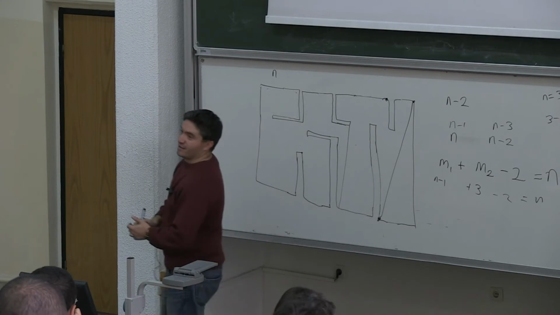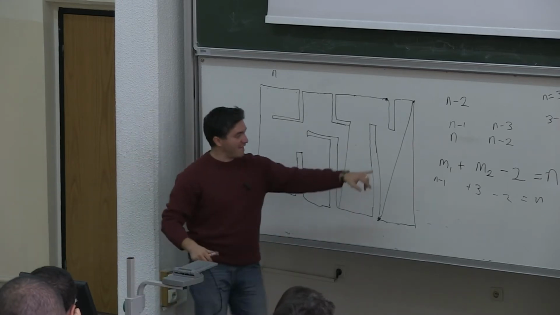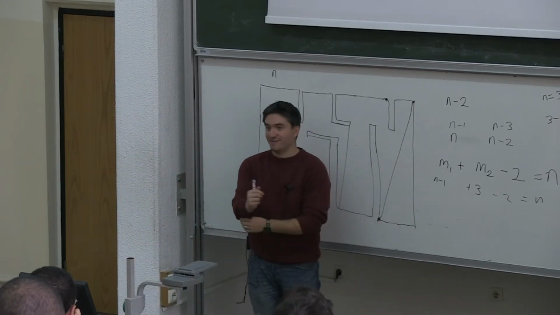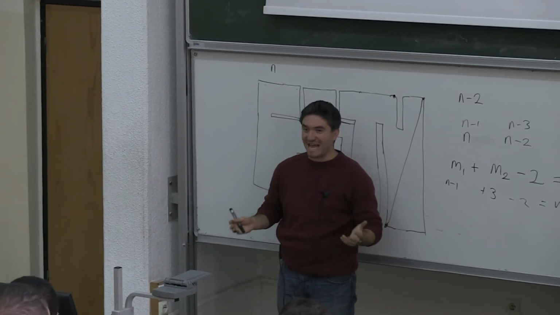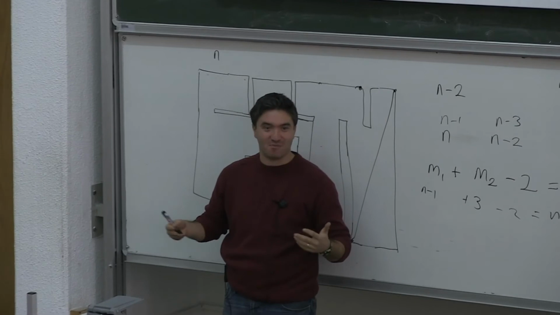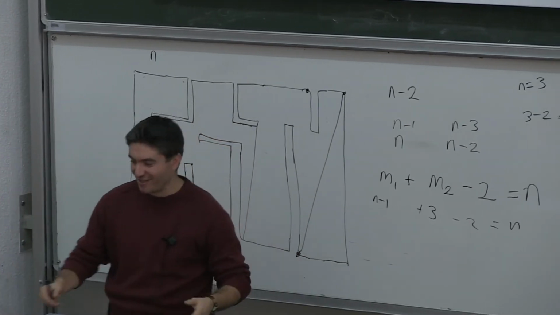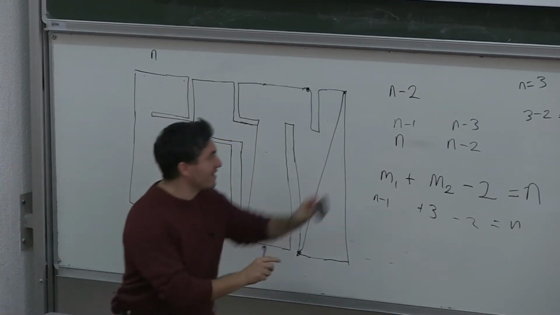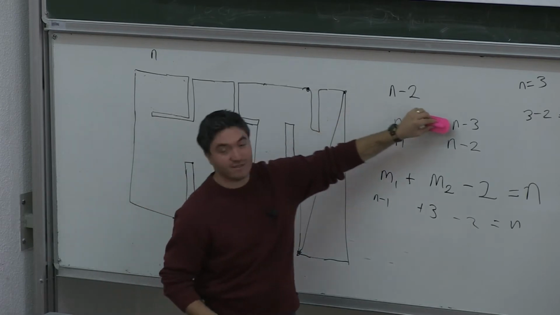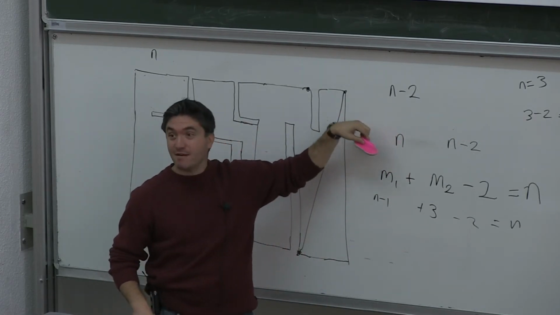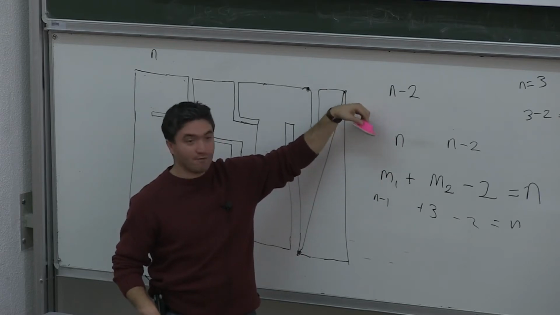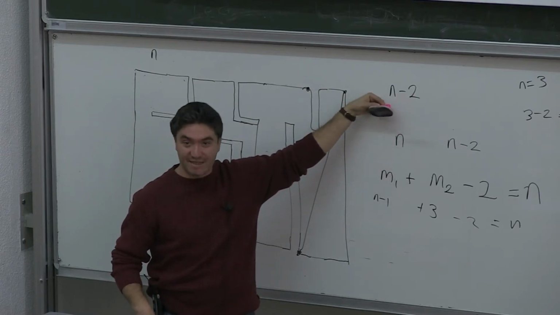Now, having done this, what I know is that m1 and m2 both are smaller than n. Okay? So hence comes our induction, using the hypothesis that I'm not going to use n minus 1 only in this induction hypothesis. I'm going to use that for any polygon with vertices less than n, this is true.